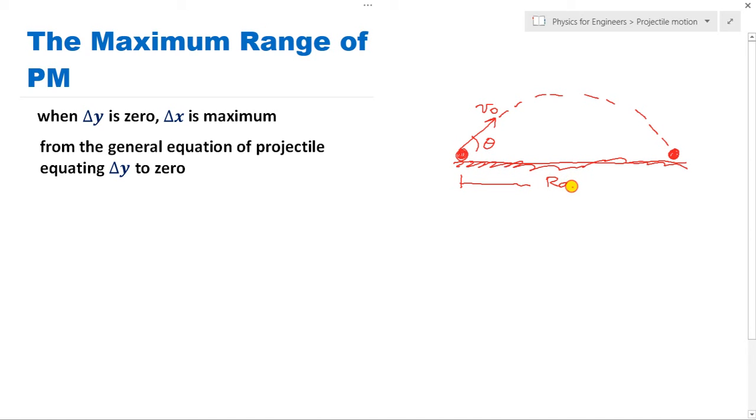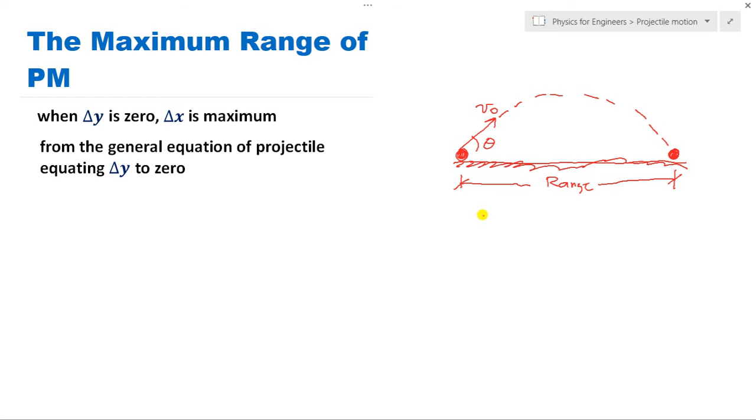So, this is labeled as range or R. So, therefore, ito yung variable that we need to find for its equation.